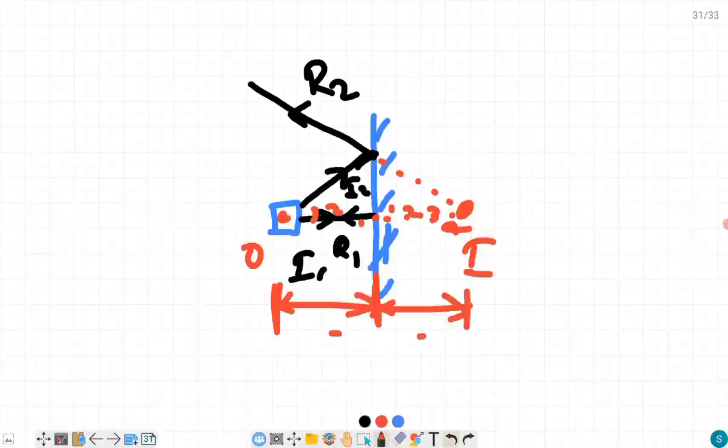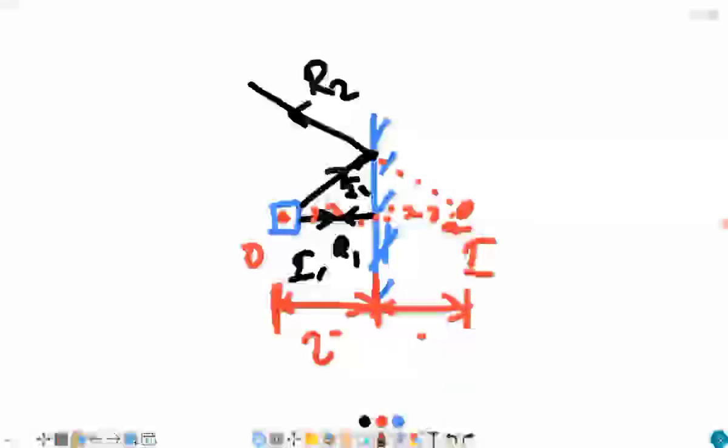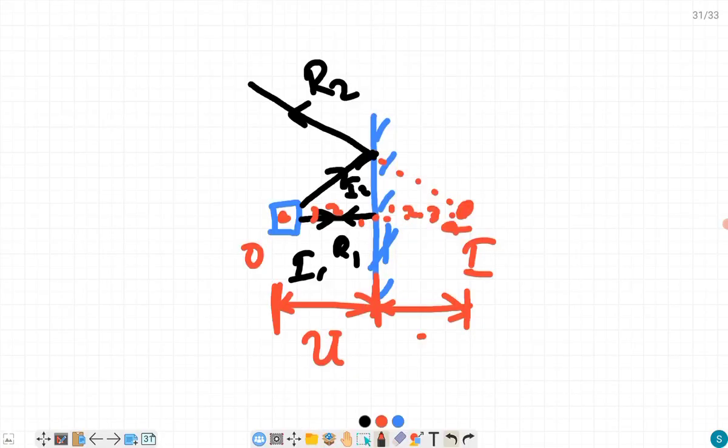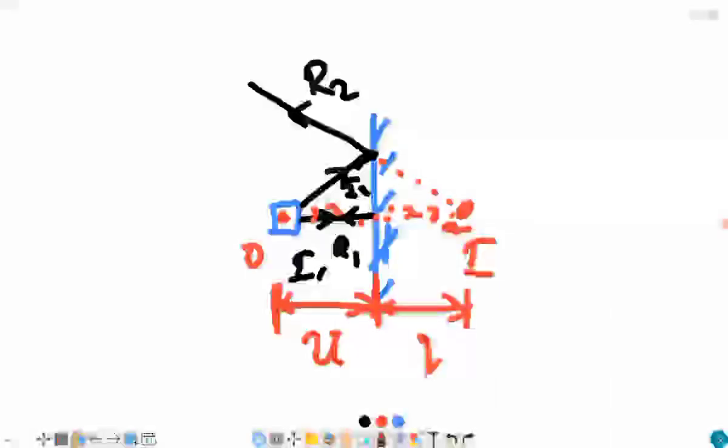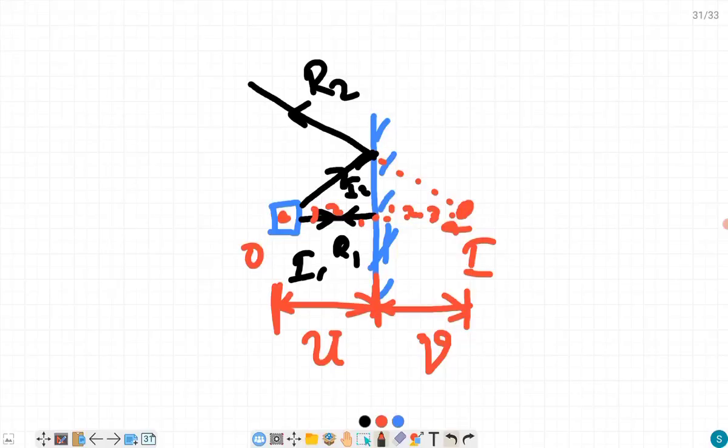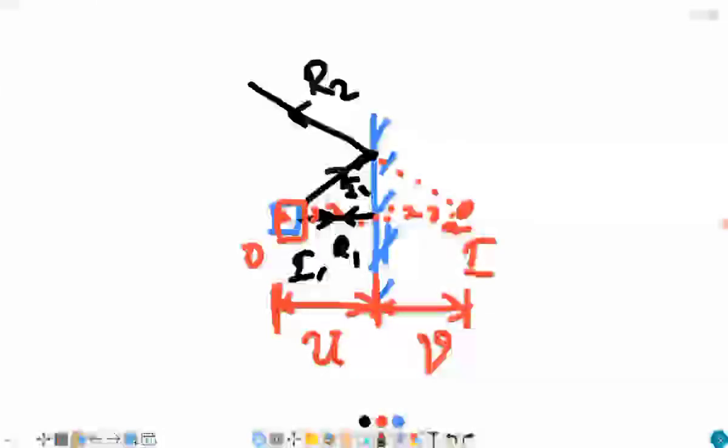Generally from the mirror to the object, the distance is called object distance, denoted with letter U. And from the mirror to the image, the distance is called image distance, denoted with letter V. If you observe, the distances are equal. And the sizes also, you observe, they will be equal.